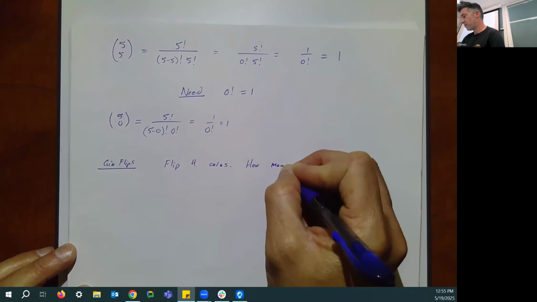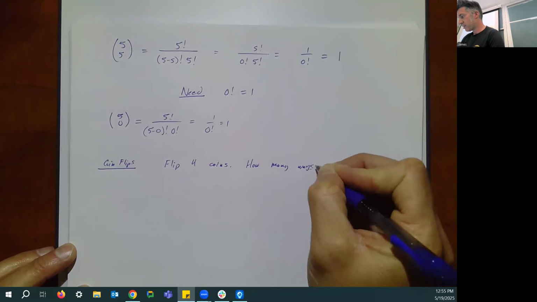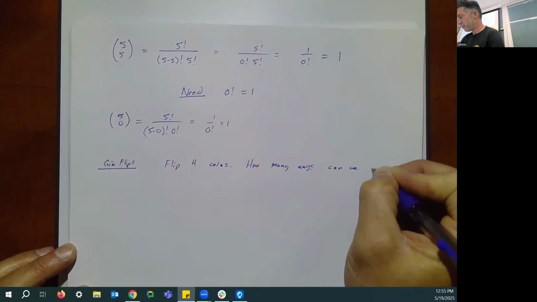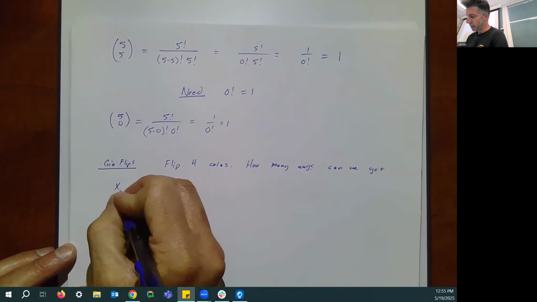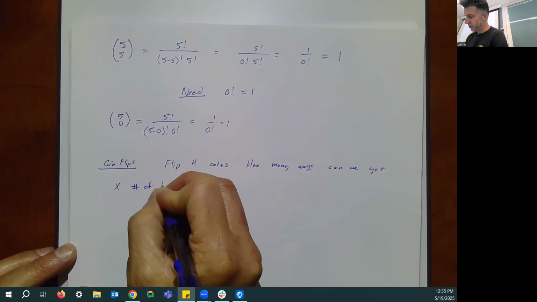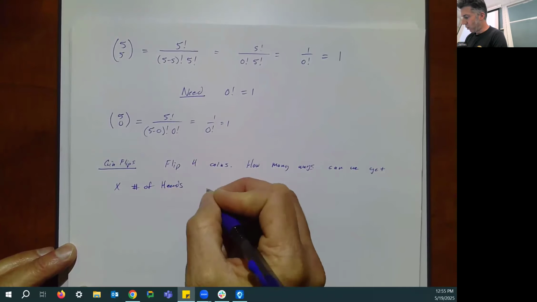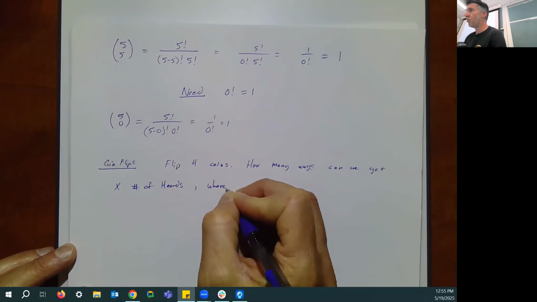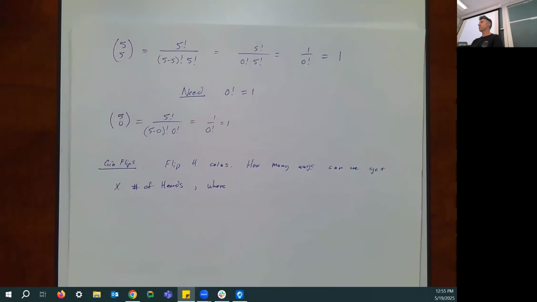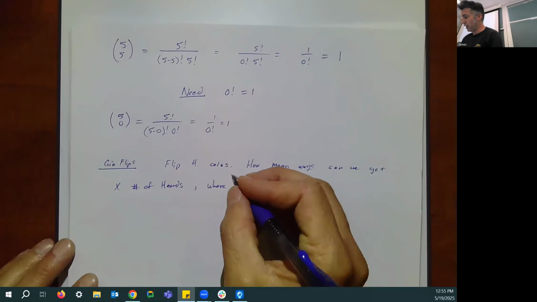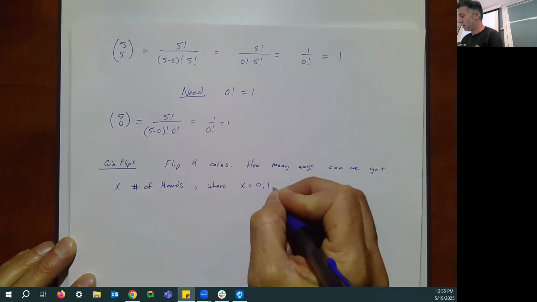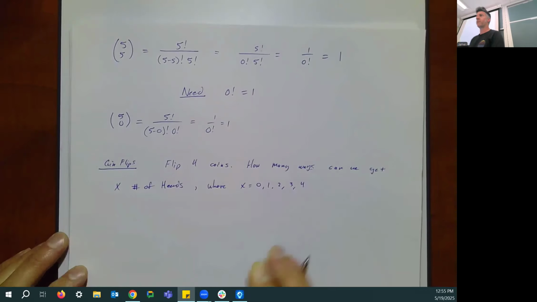How many ways can we get X number of heads? Where X could be equal to, well, what's the least number of heads we could get? 0, right? You get all tails. Getting none of a thing is like getting all of the other thing. So we can get X equal to 0 or 1 or 2 or 3 or 4.